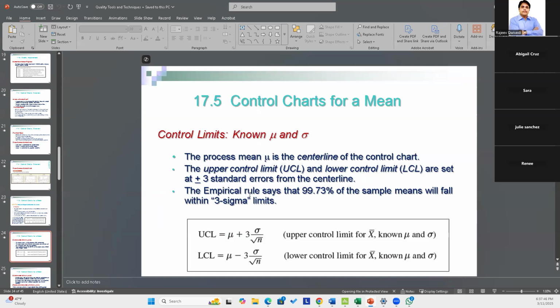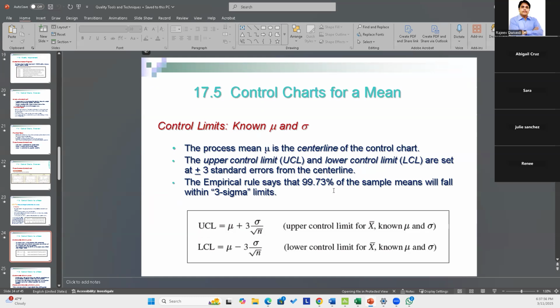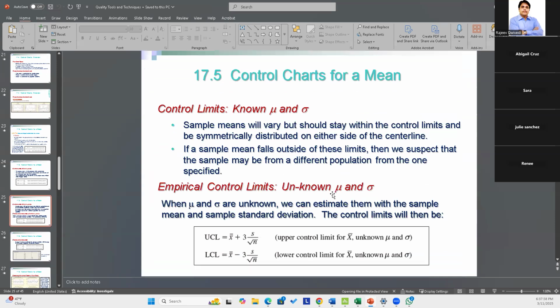As you know from the last class, plus or minus 3 sigma from the empirical rule, if you remember that, is 99.73%, plus or minus 2 sigma is 95.44%, and plus or minus 1 sigma is 68 point something. Based on the same principle, we use this.